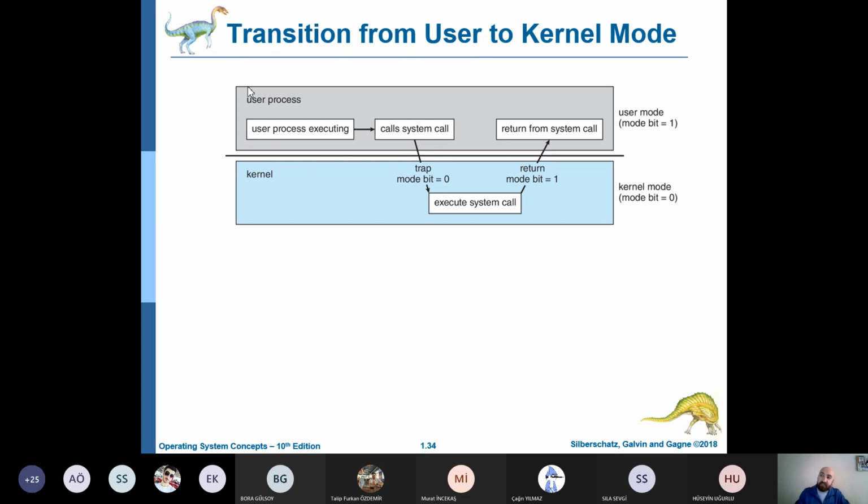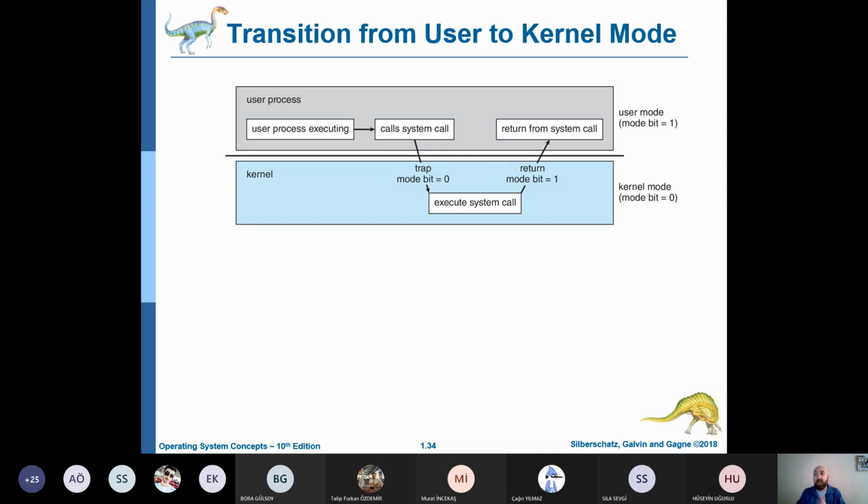Let's say this is our application program, the user program, and on the bottom we have the kernel. We are executing our program. At some point we need, let's say, an I/O intervention. For that reason, our application is going to create a trap, and we are going to pass the control to the operating system. So basically we are creating a transition from user mode to kernel mode.